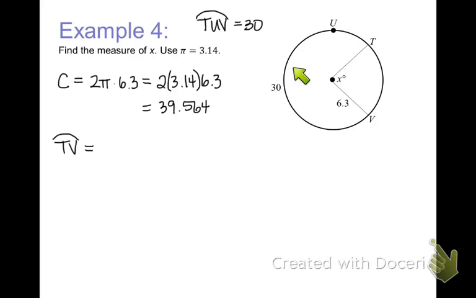I've said that the whole entire distance around is 39.564, and I know that the outside arc is 30, which means that this arc, if I want my whole circumference to add up to 39.564, needs to be the circumference, 39.564, minus that outer loop to see what I'm left with, which is 9.564. So I've got 9.564 here now.